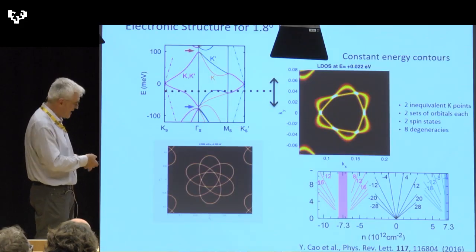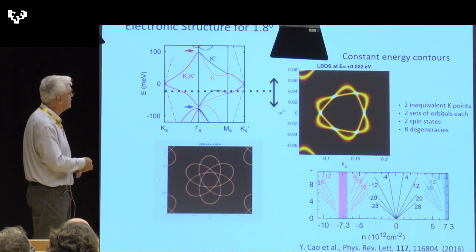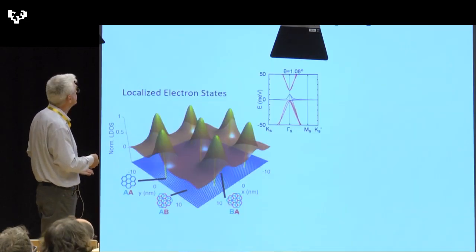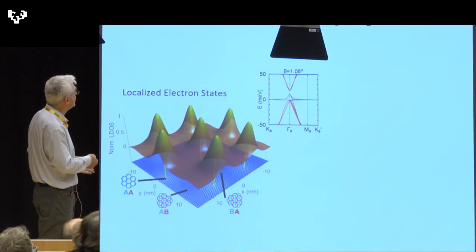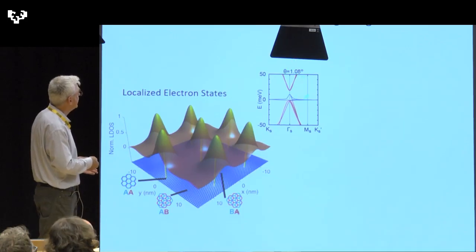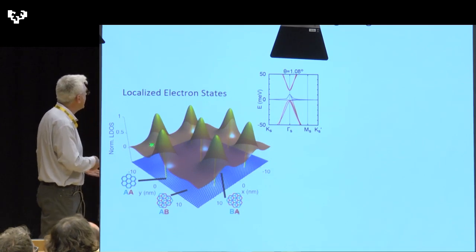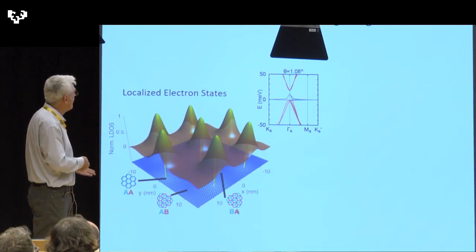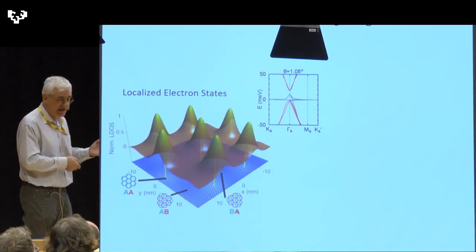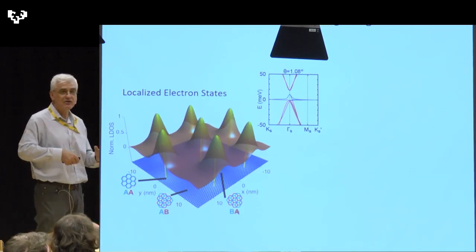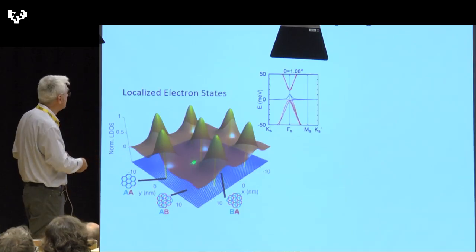If you recall, this kind of experiment was at 1.8 degrees. The really exciting physics, the superconductivity, happens close to 1.1 degrees. And here's a band structure for what happens there. And here's a density of states, electronic density of states, as a function of position in space, and you can see where the electrons are concentrated in this moire pattern.